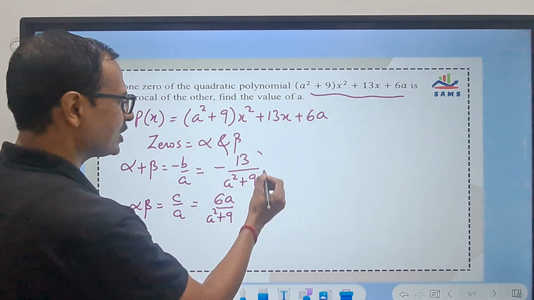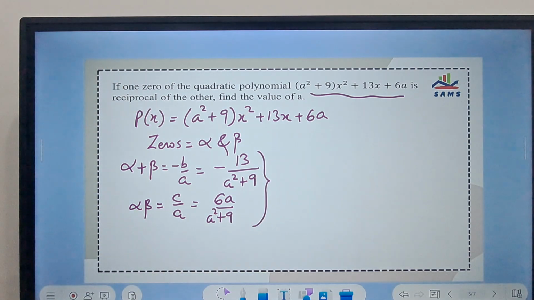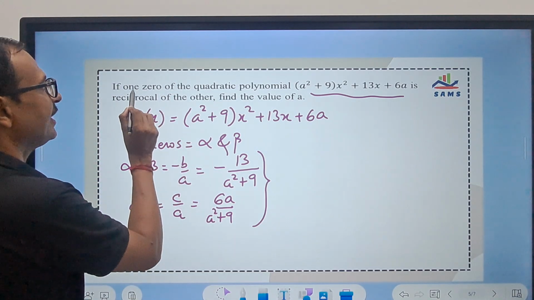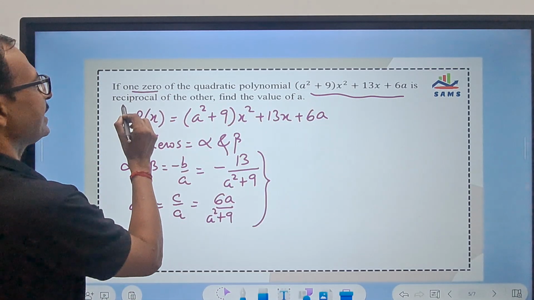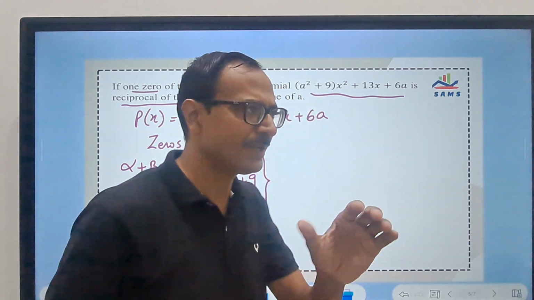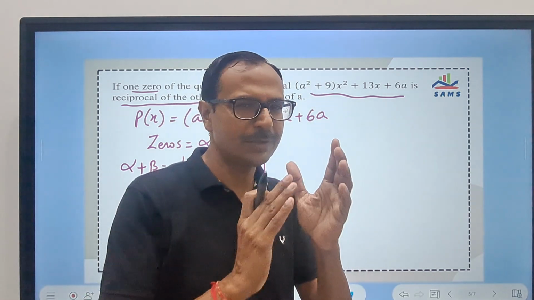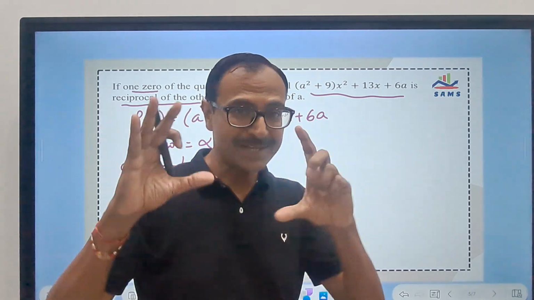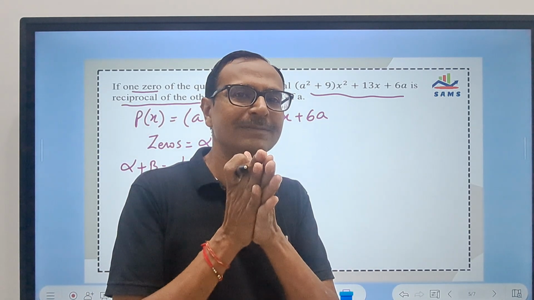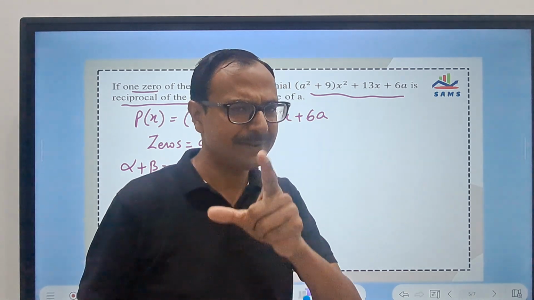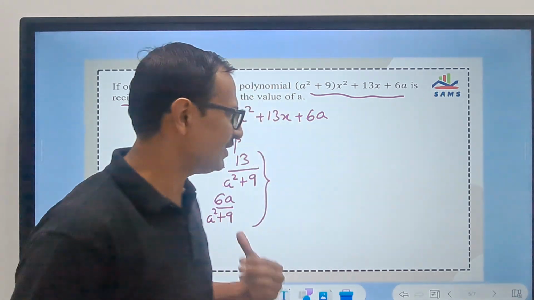So I have some huge expressions here in alpha and beta. Now he says one zero is the reciprocal of the other. Now what will happen if one zero is the reciprocal of the other? Just like one of the zeros is 3 by 2, then the other is 2 by 3, right? Reciprocals. So what will be their product? The product of reciprocals is always 1, and that is the concept you need here.